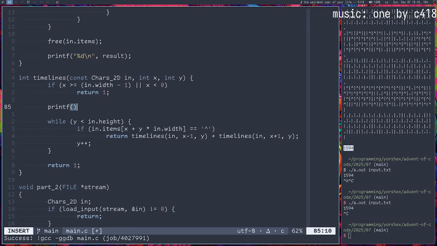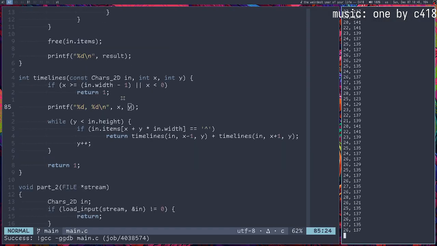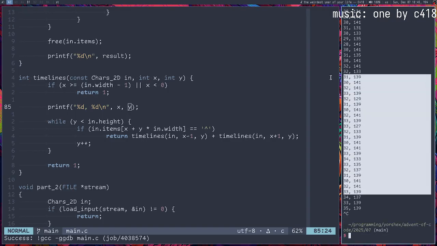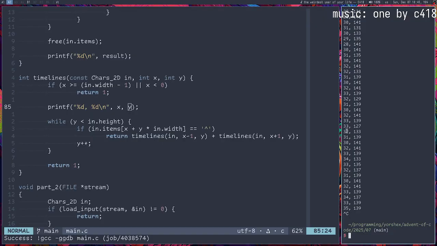Let's start the printf. X and Y. Okay. What are these giant numbers?